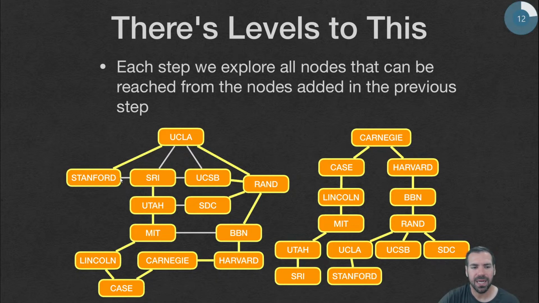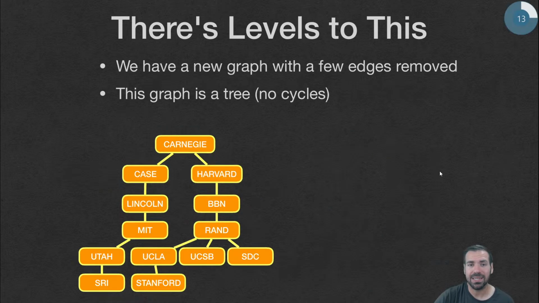We have a bunch of edges here, the edges in white. These edges were not used in our other graph over here. And what we end up with is this new graph, which is a breadth first search tree. This is actually a tree because it will not have any cycles. All of the edges that we removed, if we added any one of those edges in, it would create a cycle.